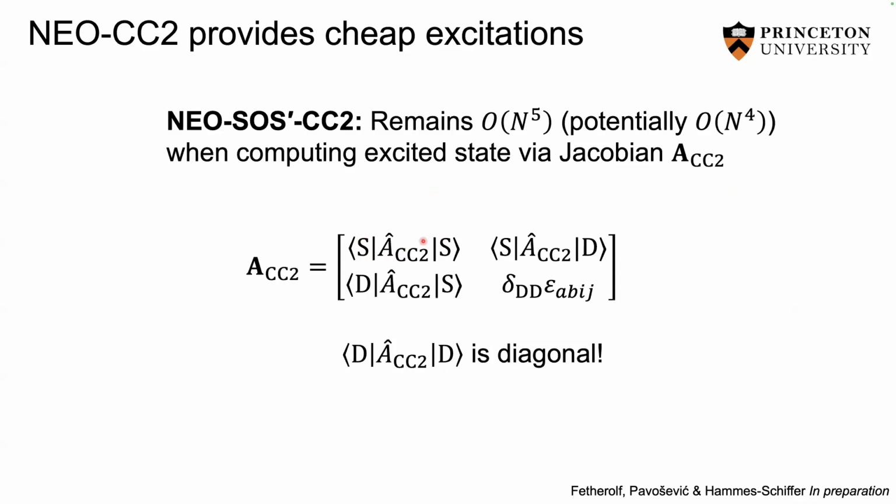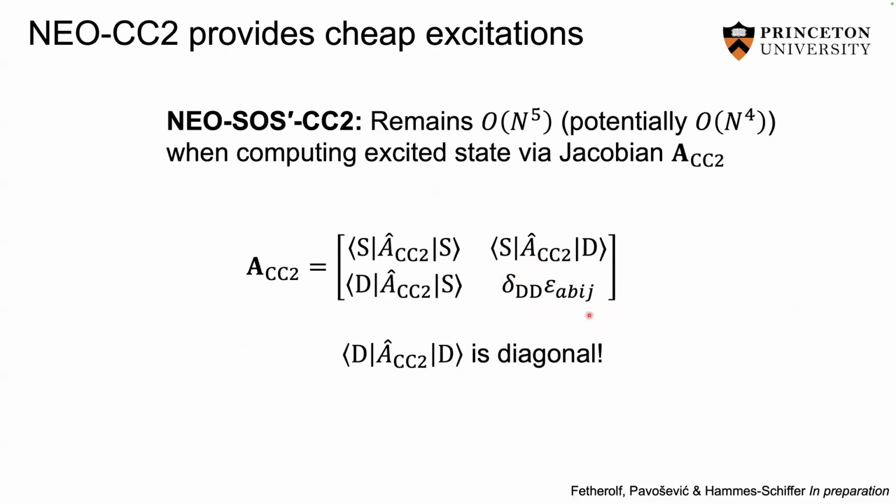And so we have this singles singles block, this singles doubles block, and this doubles singles block. And then by far the largest block of this excited state Jacobian is the doubles doubles block, which is kind of what's so difficult to calculate in EOM coupled cluster theory.